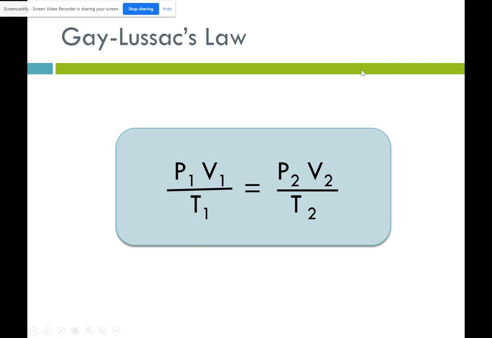In that same way, Gay-Lussac's law we know doesn't really concern itself with volume. It's pressure and temperature. So P1 over T1 equals P2 over T2. Instead of having to memorize all three of those equations, you just have the one. And if you're not using one of the variables, you ignore it. You cancel it out, and you're left with the combined gas law.